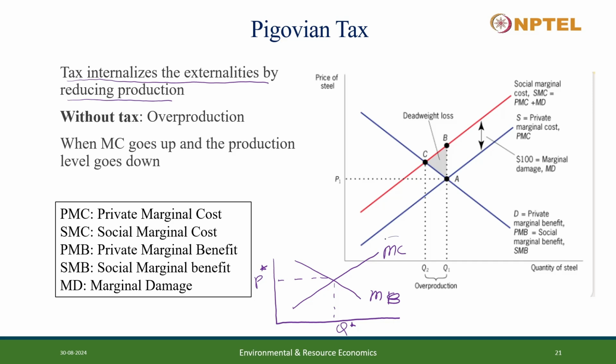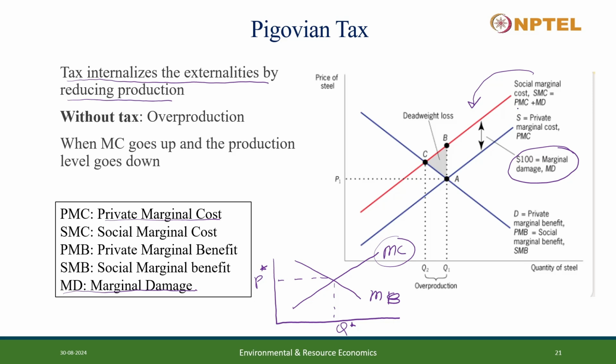However, this MC will be our private marginal cost. We have to consider the marginal damage which a firm is doing to the environment. When we include this marginal damage in the marginal cost curve, we get the social marginal cost, that is the red line.